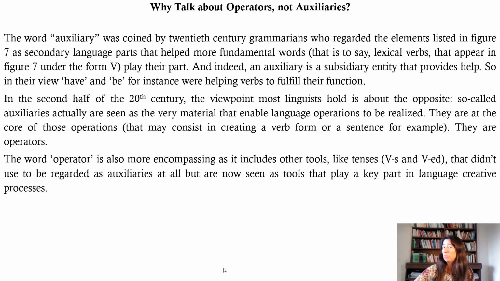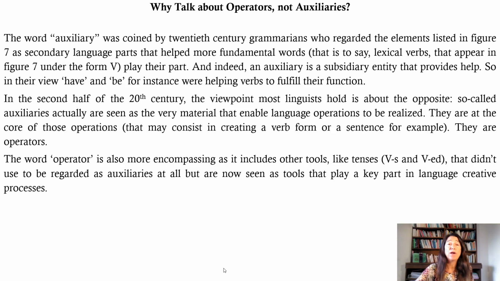This is a point that is mentioned in the book, and I explain that an auxiliary is something secondary, and it's a word that was appropriate when the vision most linguists or grammarians had in the 20th century was that those auxiliaries played an auxiliary or a secondary part in order to put verbs in sentences.